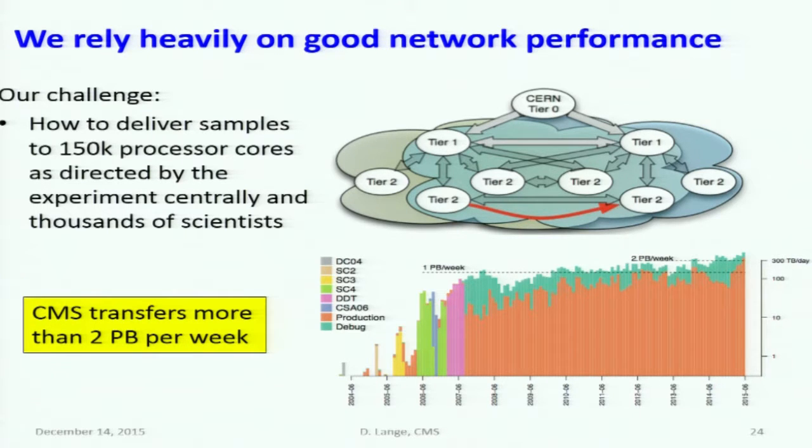There's various colors that are not too important, but the idea is over basically a decade, we've gone from 0 to 2 petabytes per week of data transfers. And that's of course good in the sense that it says networks around the world have made giant progress, and it's maybe scary in the sense that it really is a sign in how we rely on these networks.